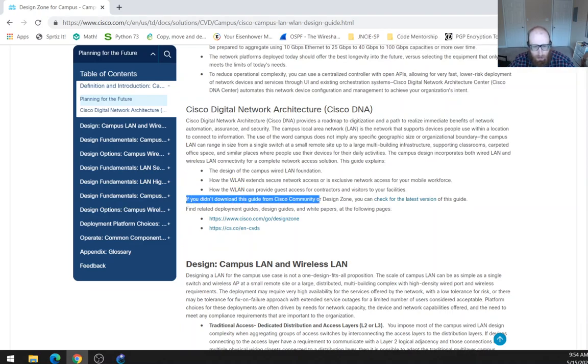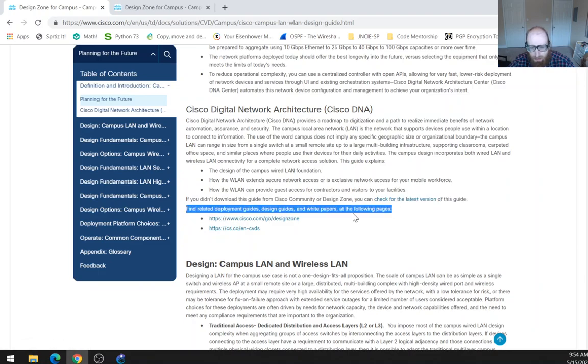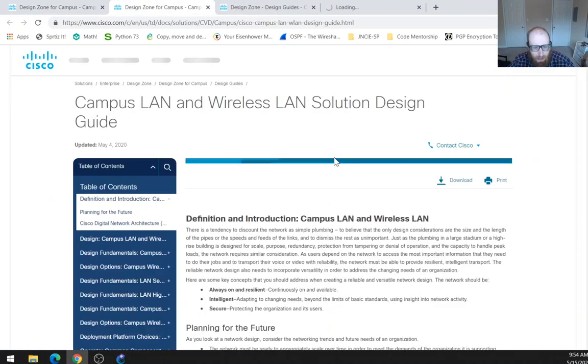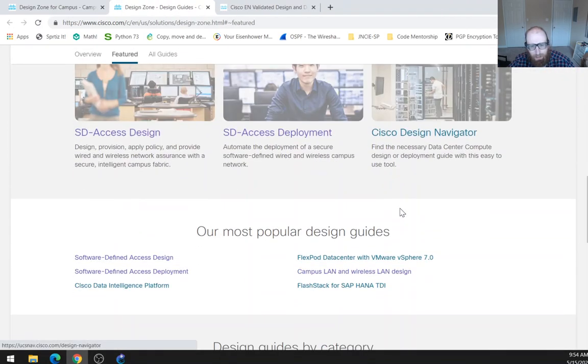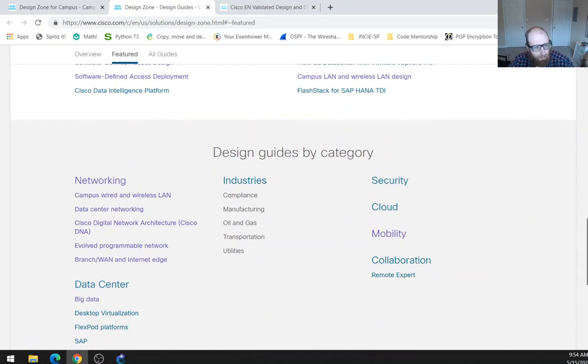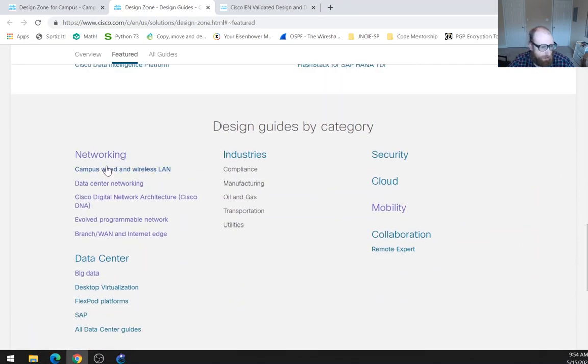If you didn't download this guide from Cisco Community or Design Zone, you can check for the latest version of this guide. Find related deployment guides, design guides, and white papers at the following pages. So I did get it from here, so yep, this is the same version, updated May 4th, 2020. And yep, I'll definitely be using this in the future, definitely for data center, digital network architecture.